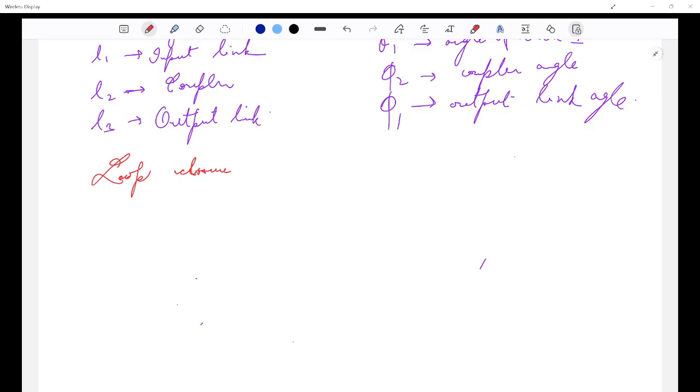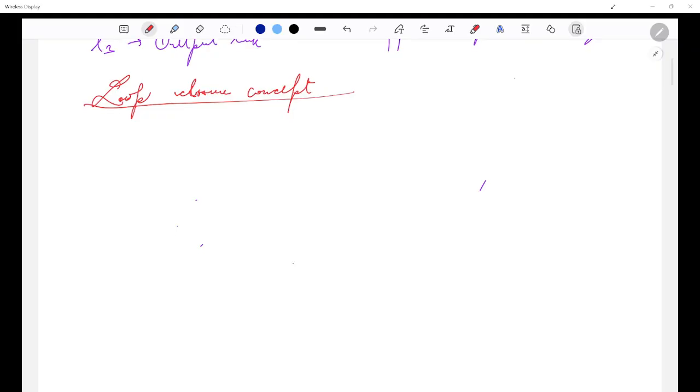Okay. So here, loop closure concept. We start at a left point, go around, and return to the same point.